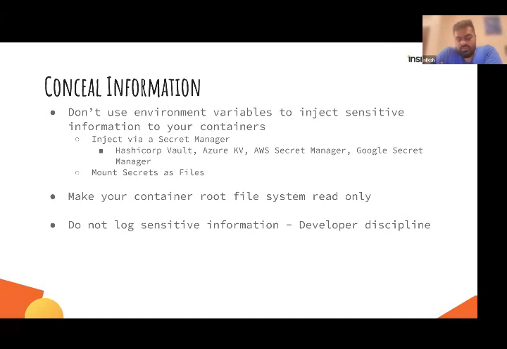Because when you mount them as files, if somebody does get into your container, they obviously have to search for that config file. But if they don't know, it's going to be hard for them to find where it is. But if it's an environment variable, it's quite easy for them to capture it and get it going. So that's why you mount them as files.